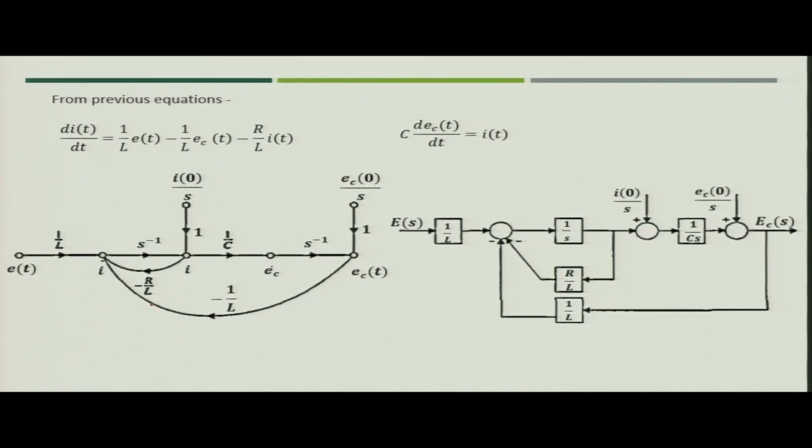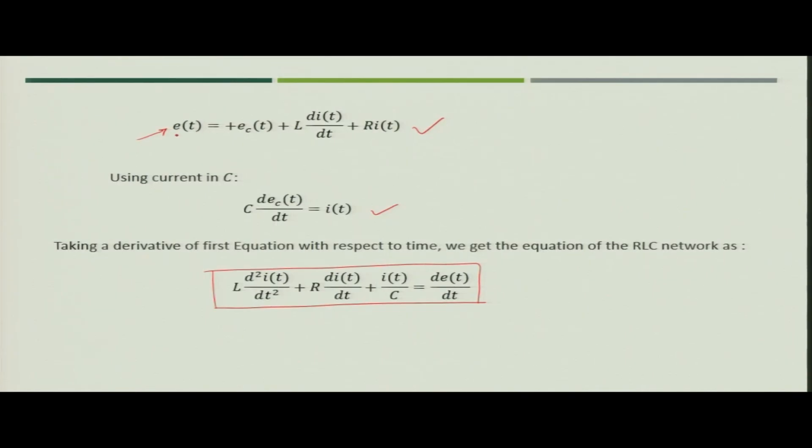So, let us see how we draw the signal flow graph of the series RLC circuit we just saw. We have two equations. First is E is equal to EC plus L di by dt plus RI. Let us take di by dt out, so we take this on the left and rearrange the equation.